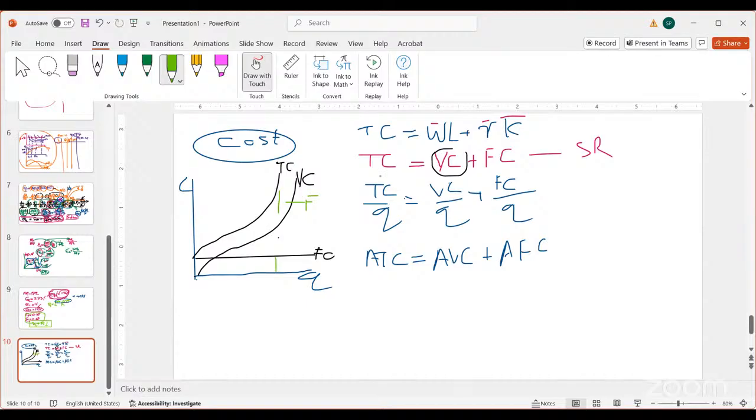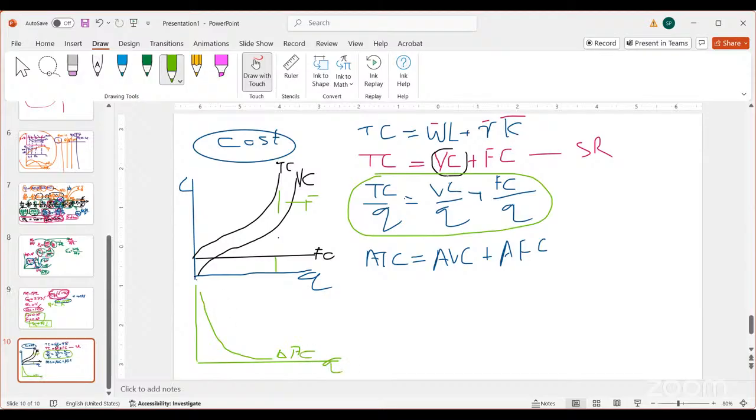Now, when you look at the average, here we can draw. You have the average fixed cost continuously decreasing with the output.